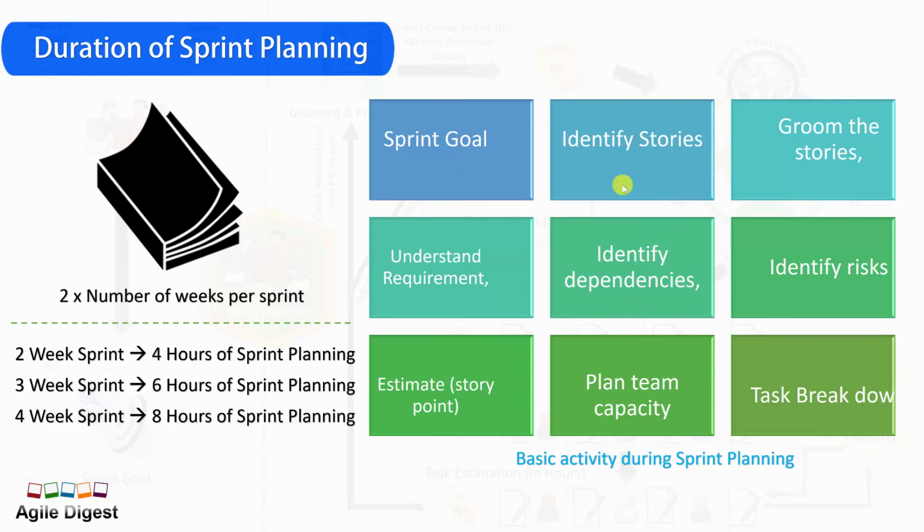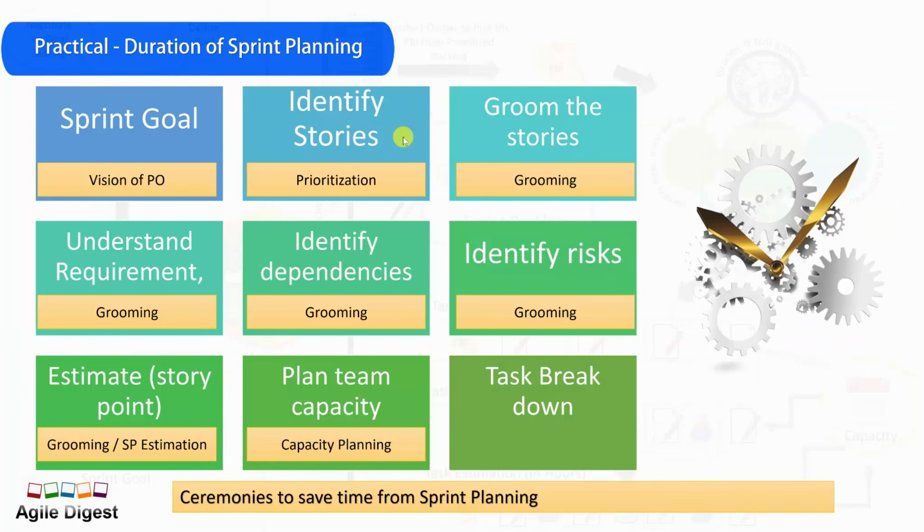Normally the first half is for defining a sprint goal, and the rest of the time we commit user stories to meet the goal. But if we already have the prerequisites, we may not require that much time in sprint planning.